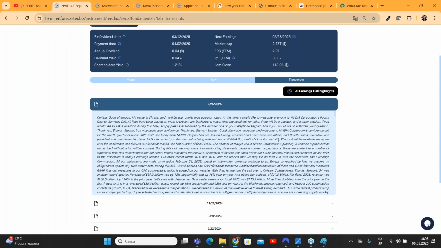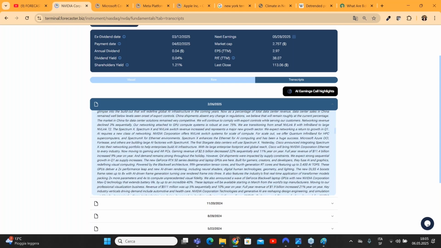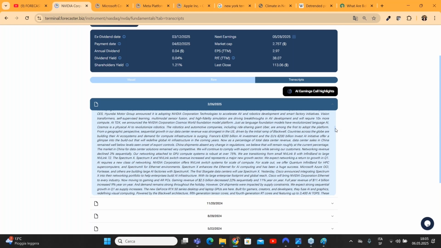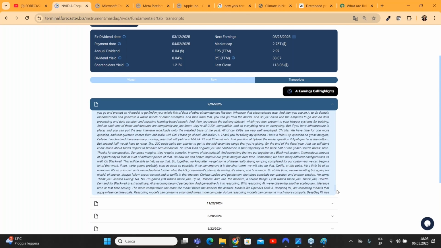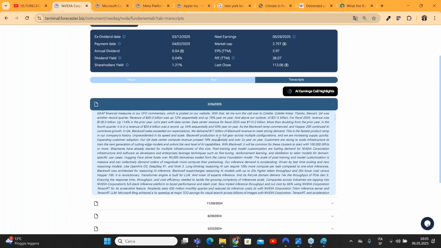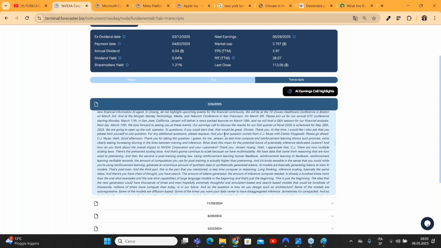Of course, you can read it, and instead of watching a film with your wife, you can stay all night long reading all the quarterly transcriptions. But we did something interesting, because we added the AI agent to the Forecaster terminal.